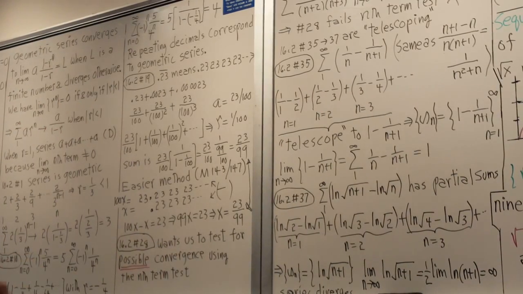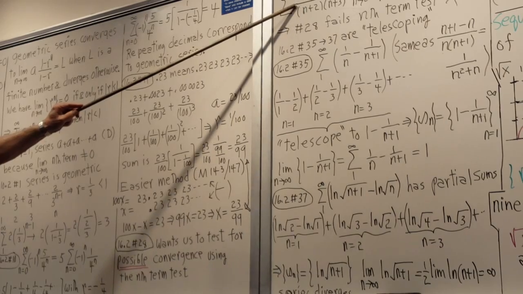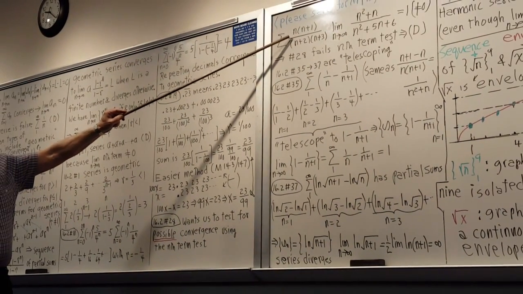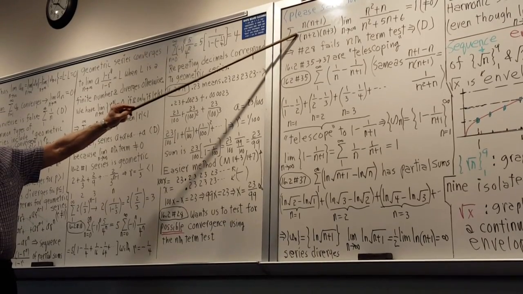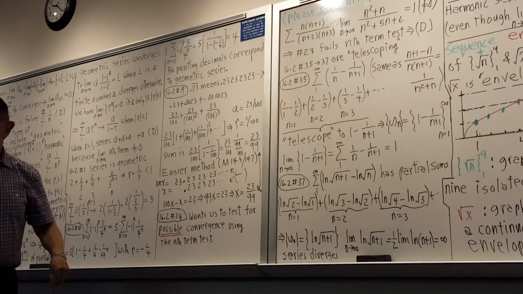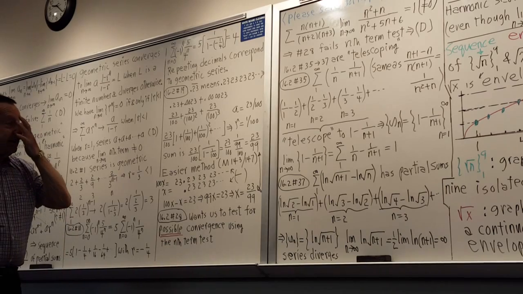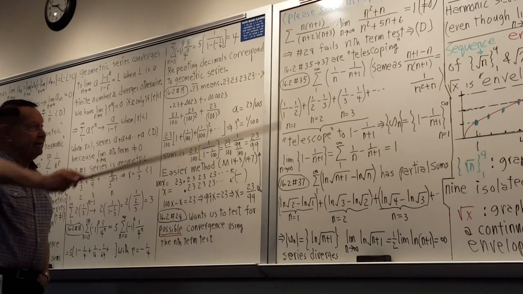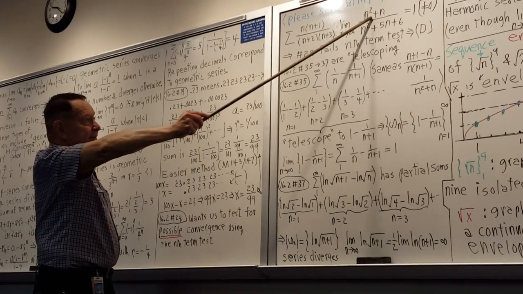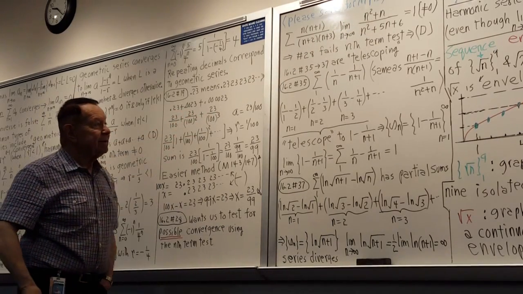So if you look at problem 28, you'll find that this is what it is. And what we want to do is see what the limit is of this general term. And you don't necessarily, in finding the limit, need to multiply these out and these out, but that's one way you can do it.